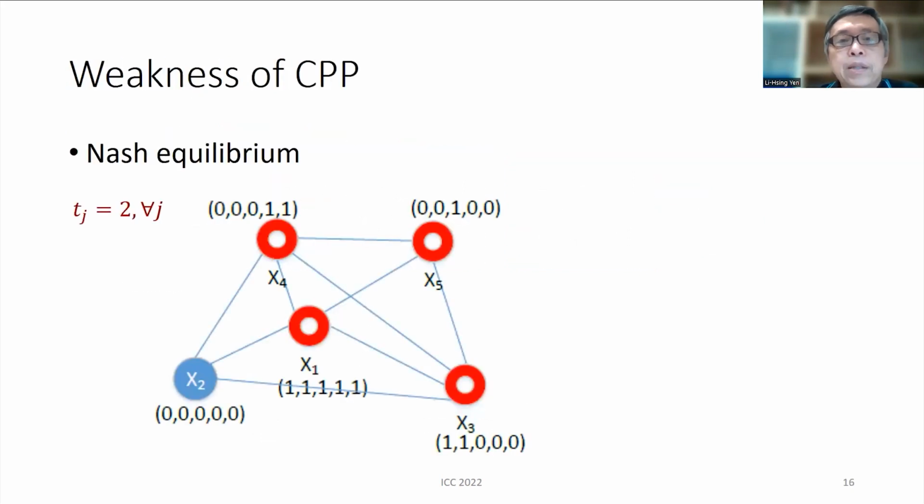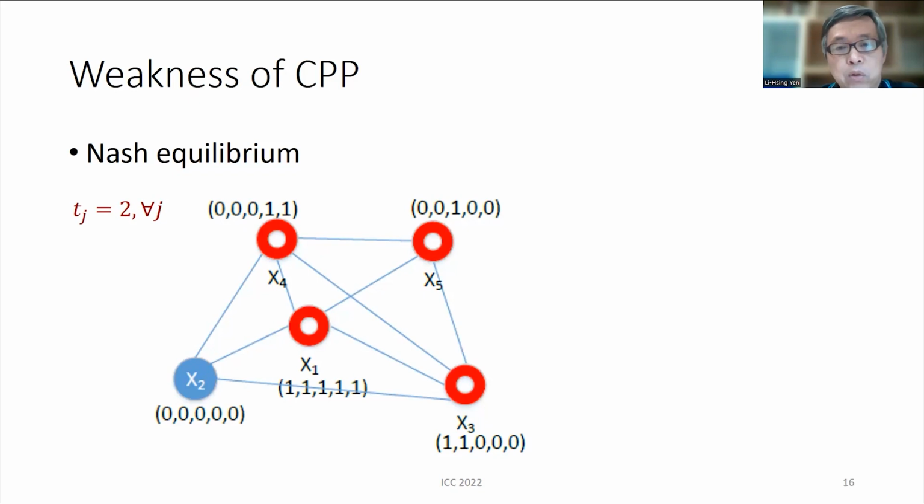This game works, but it has a limitation. That is the Nash equilibrium. That means when the game stops, we may not have an optimal solution. For example, here we have 5 possible controller locations, and we actually placed 4 controllers to manage 4 switches.